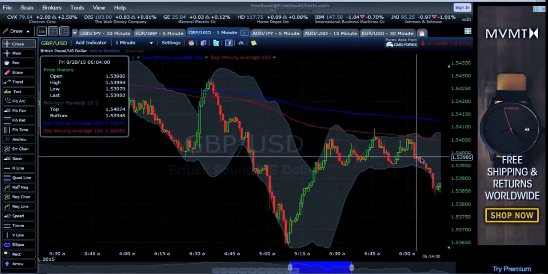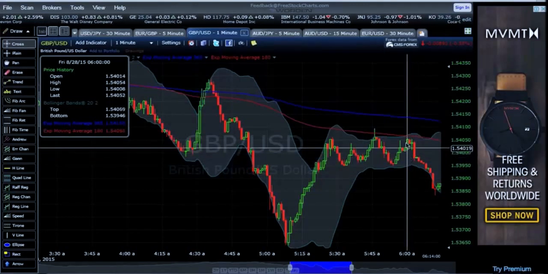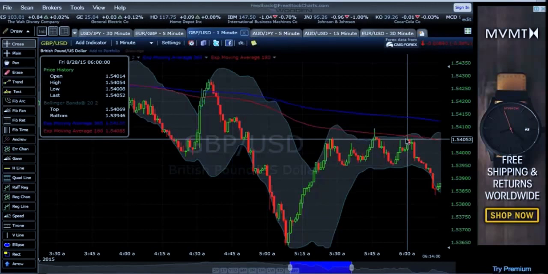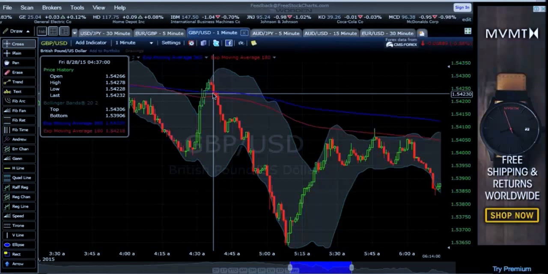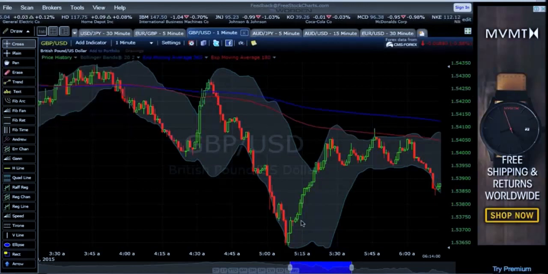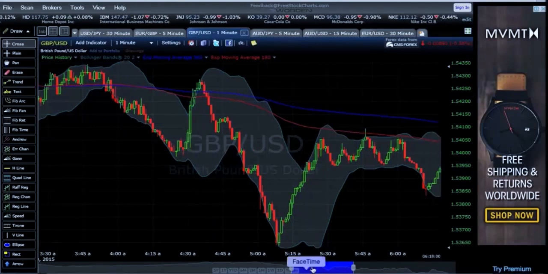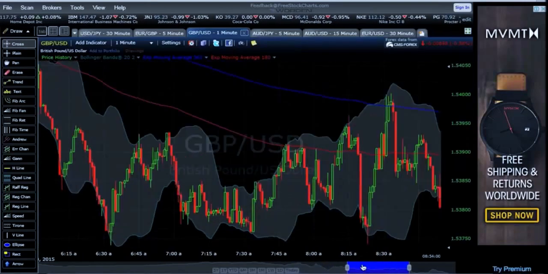So as you can see, 6 a.m. is down here, and it has been a pretty big in the money trade. It closed at 1.54052, almost a 30 pip win, 23 pips win, which is awesome. This is the trade I took in our group, and a lot of members won this trade.